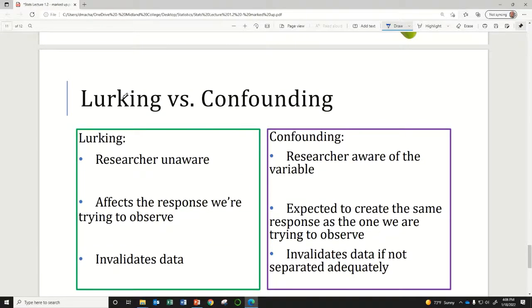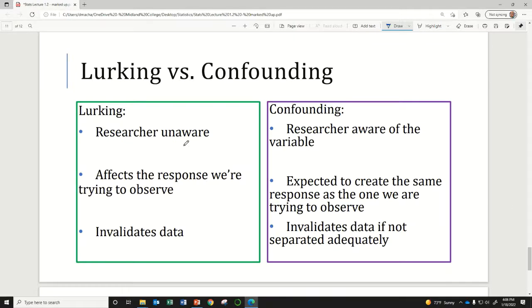Again, it's important to know the difference between lurking and confounding variables, and so I just put together this quick little summary. For a lurking variable, generally the researchers involved in the study are unaware of the presence of the lurking variable. Whereas with a confounding variable, usually the researchers are aware that there's a confounding variable present.